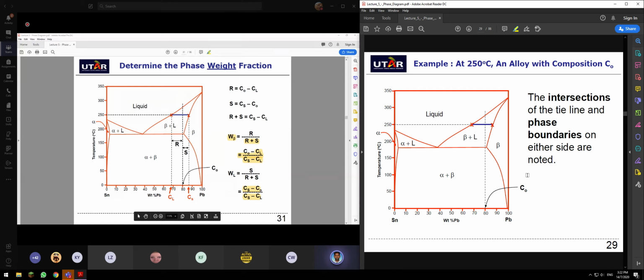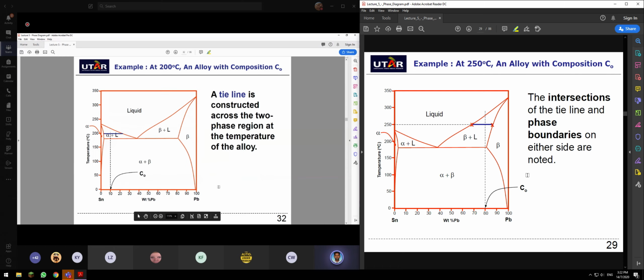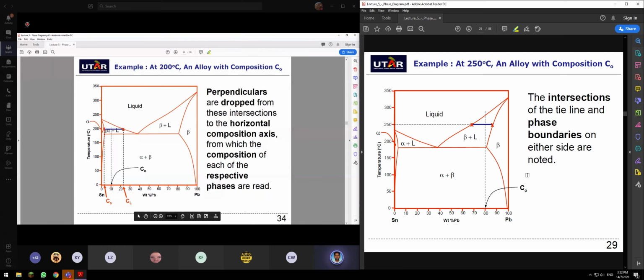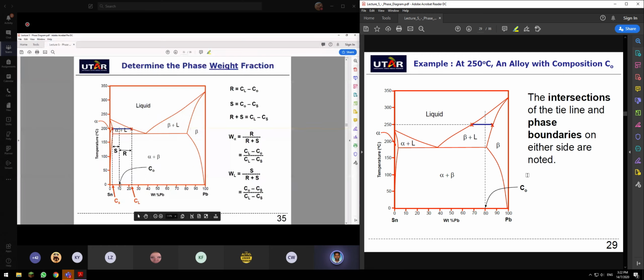Okay. Same goes to this line. At 200 degrees Celsius, for an alloy with a composition of C0, let's say this is your C0 alloy, you draw a tie line. If you want to find the weight percentage of alpha, which is dominant here, you need to take R, which is CL minus C0, divided by CL minus CS.